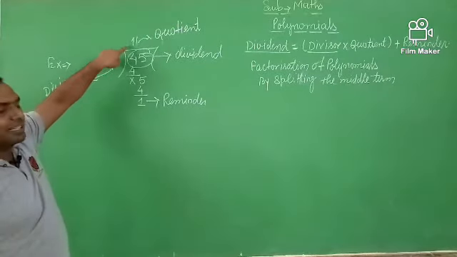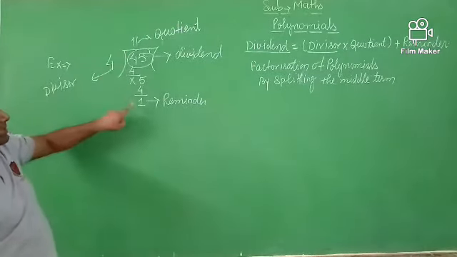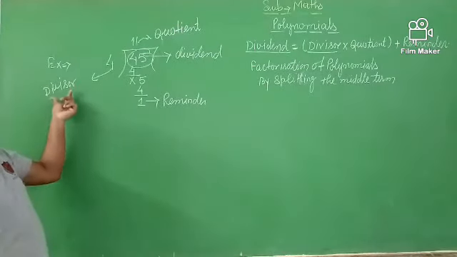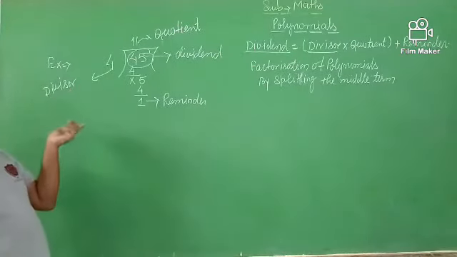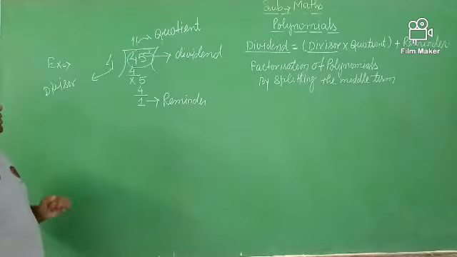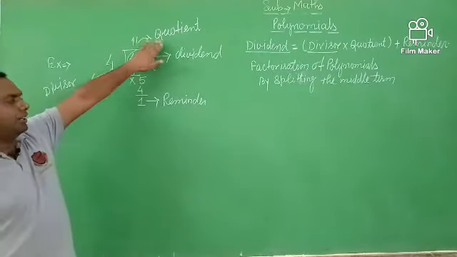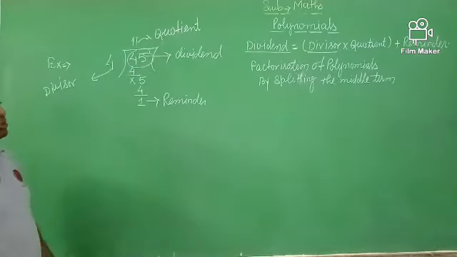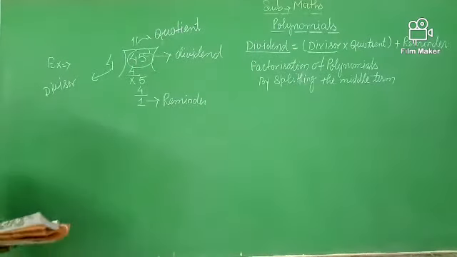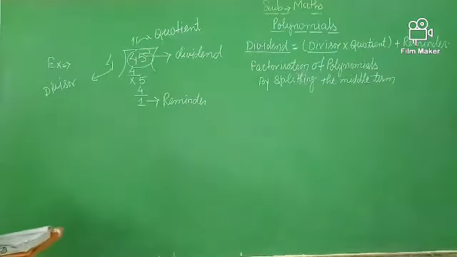So 4 11s are 44, plus remainder 1, it is converted into 45, and this is the dividend. So the same type of question in algebra is also given, and how we can solve it.